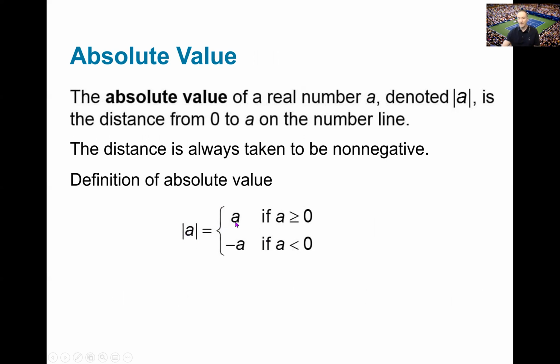So the absolute value of A is just A if A was already greater than or equal to 0. Of course, that should make sense to you. But keep in mind that the absolute value of A is going to be equal to the negative of A if A was less than 0, because it has to change the sign of that negative number. So if you had the absolute value of negative 8, you just say, well, it's 8. Well, you're taking the negative of negative 8 in order to do that.